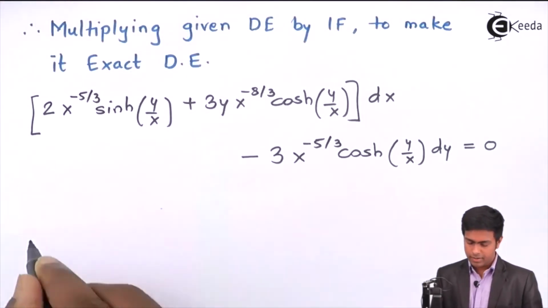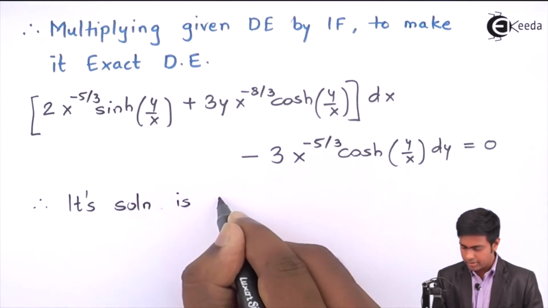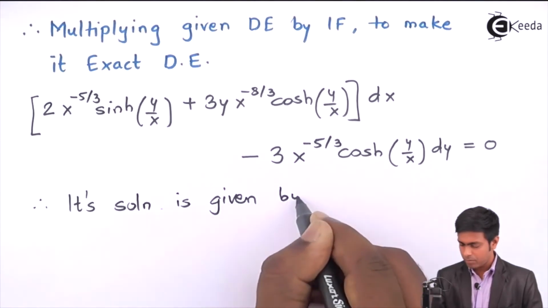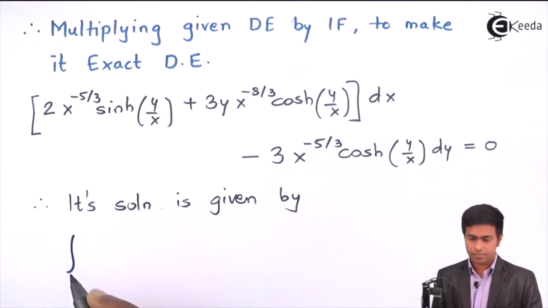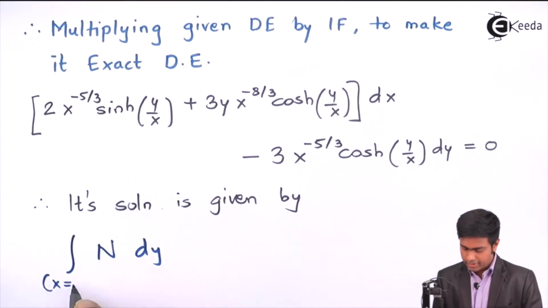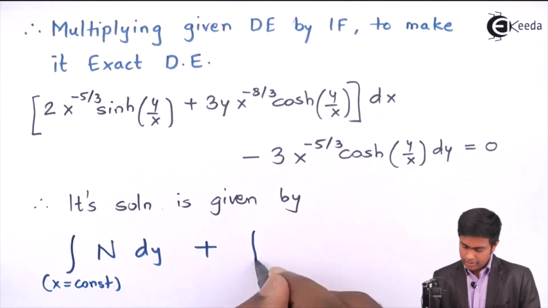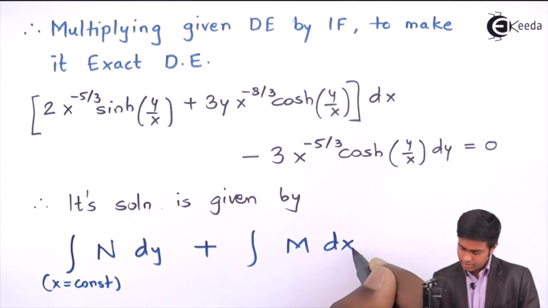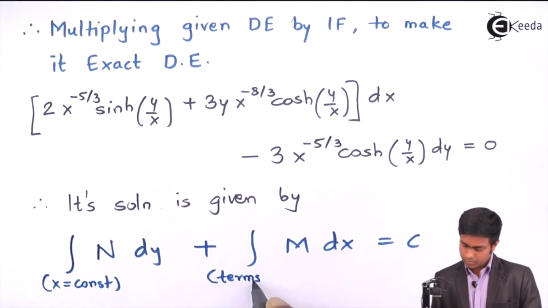So therefore its solution is given by, first of all I'm writing the formula: integration of N dy by treating x constant plus integration of M dx equal to c, and here considering the terms which are free from y.